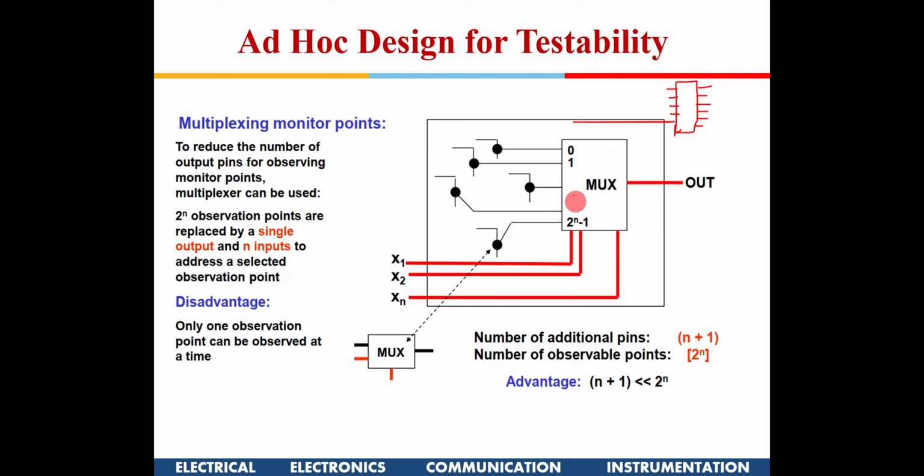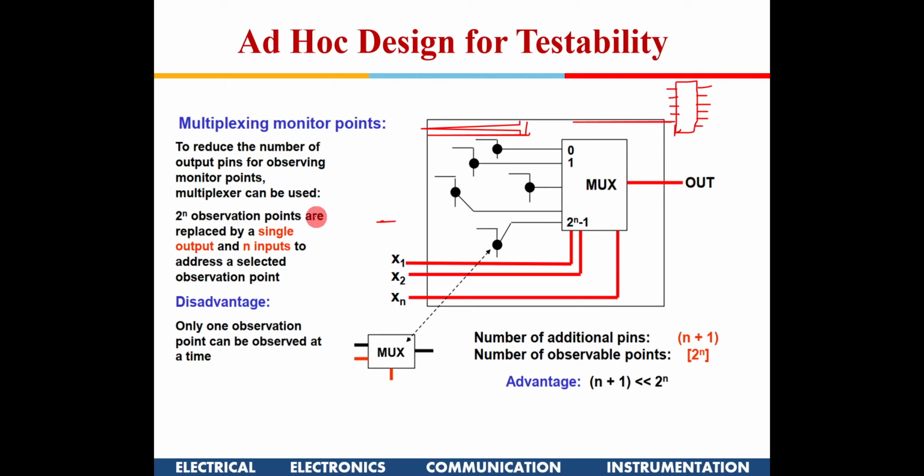So what we can do is put a MUX. Suppose you have 16 different stages, I can have a 16-to-1 MUX with 4 control lines, and using these control lines, the required signal can be routed to the output.